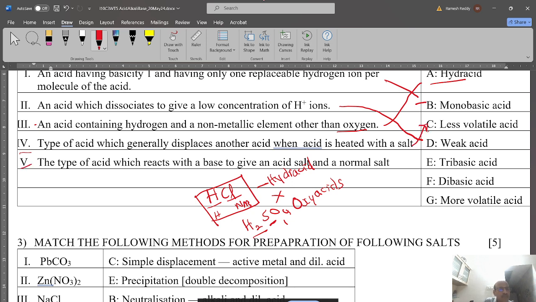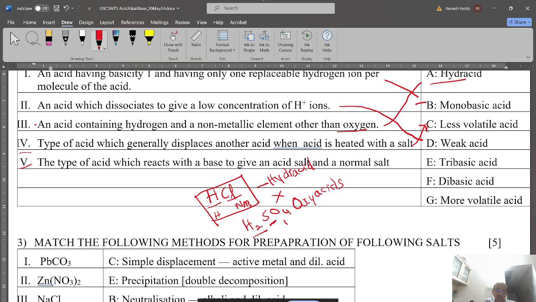Okay, fifth one, let's go. The type of acid which reacts with a base to give an acid salt and a normal salt. It gives two salts actually. Both things it will do.